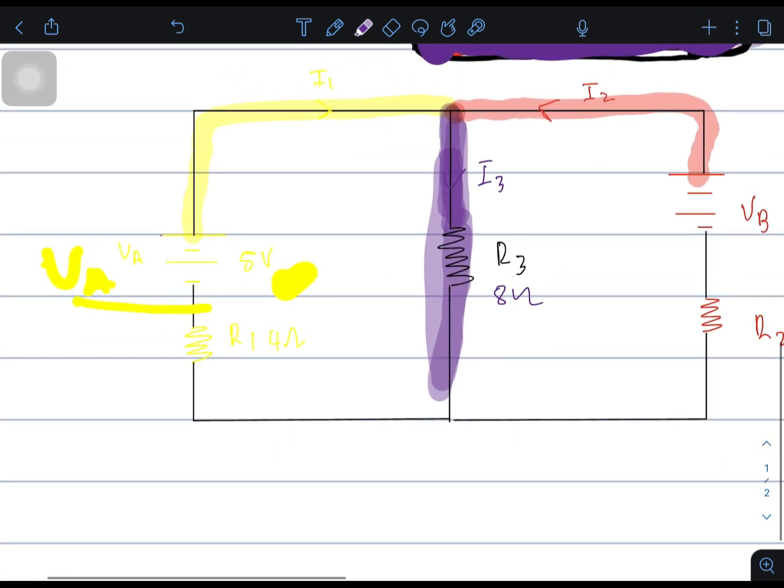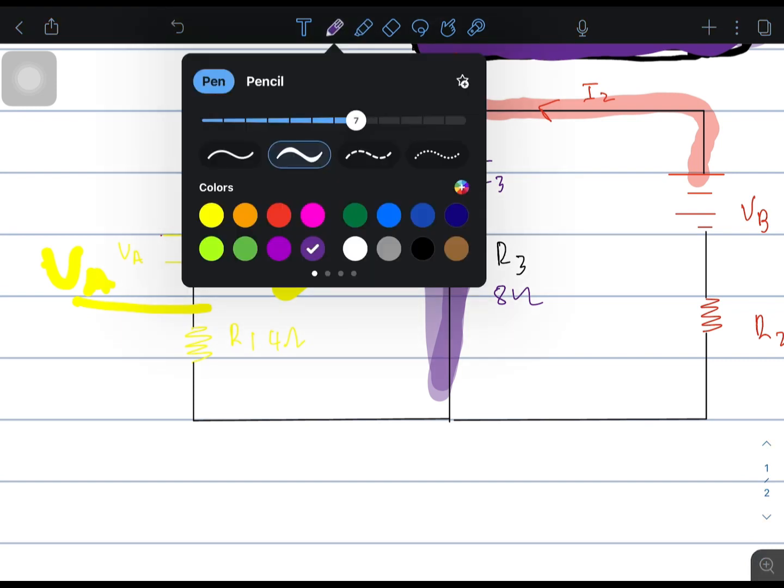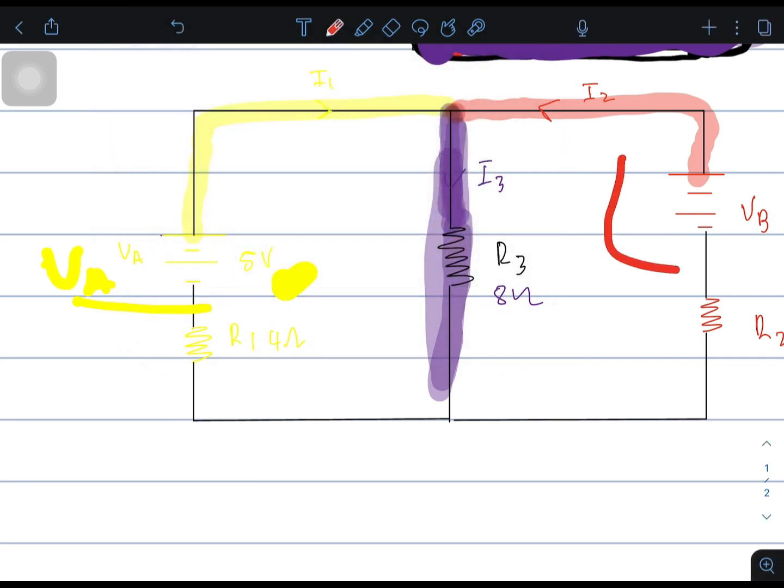What I'm going to do is first isolate this one and remove it from my circuit. Then I calculate how much VA contributed.